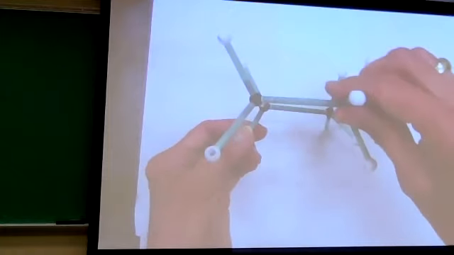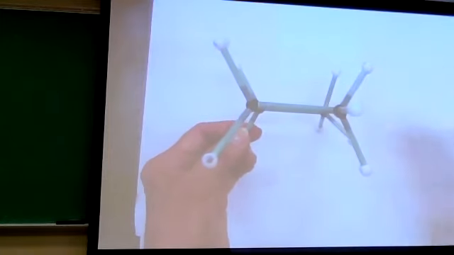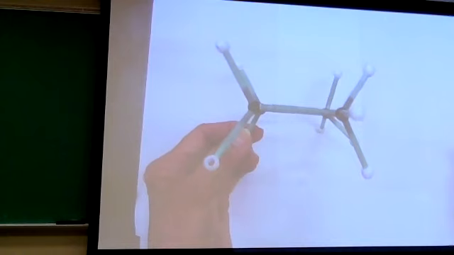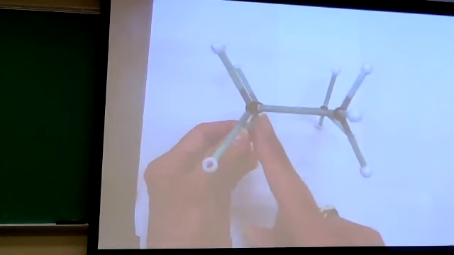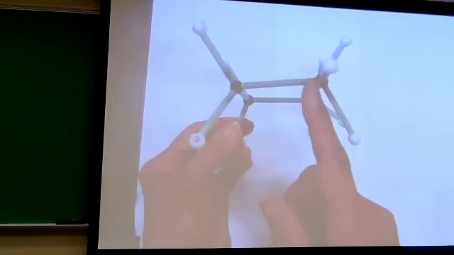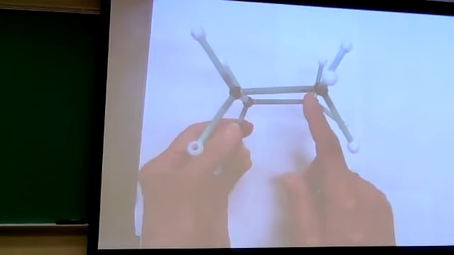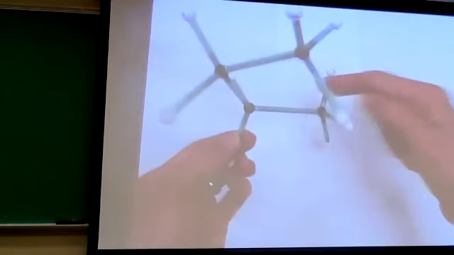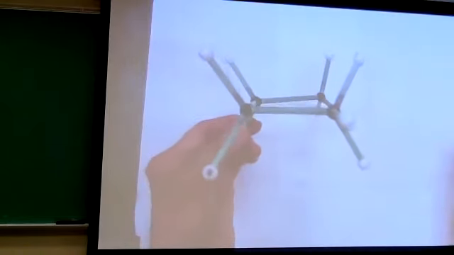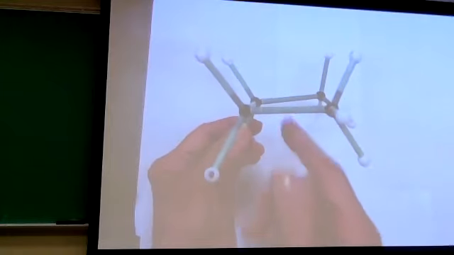this eclipsed conformer is going to be the least stable of all the conformers, because here you have the two metals eclipsing each other. And so you're going to have the greatest steric hindrance in this conformer. So this conformer is going to be highest in energy.